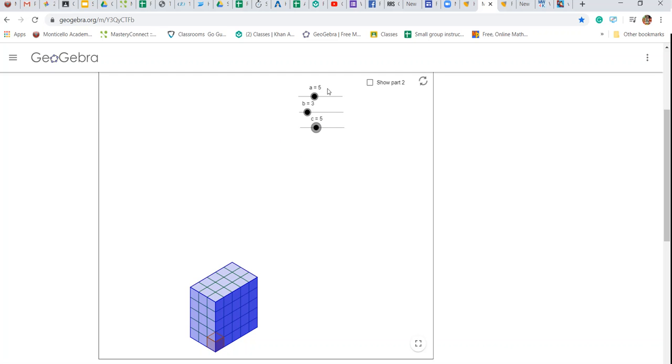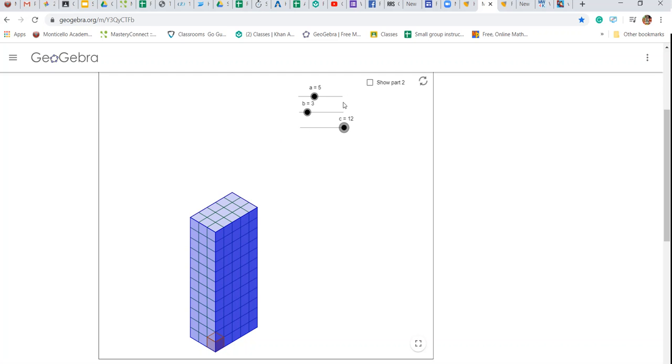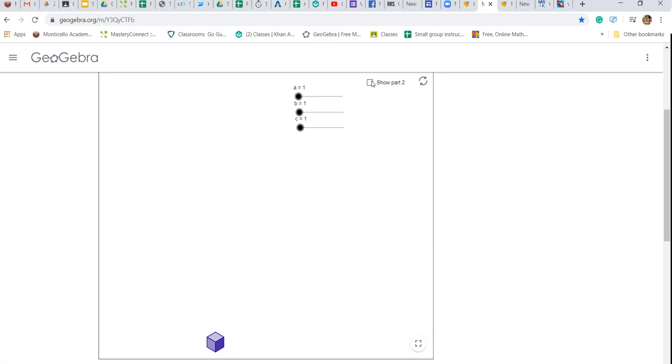So just follow the directions. This is where you make your adjustments. There is another level to it. Ooh, at 12, it's like a building. Okay, let's reset this. There's also one that you can do, and here's your first row. Okay, so if we go back to 5, this you can lengthen it out.